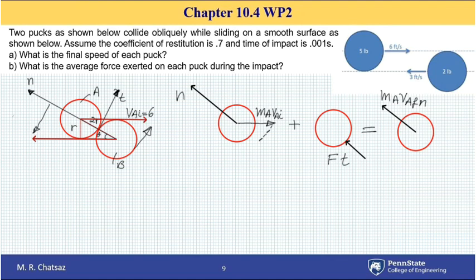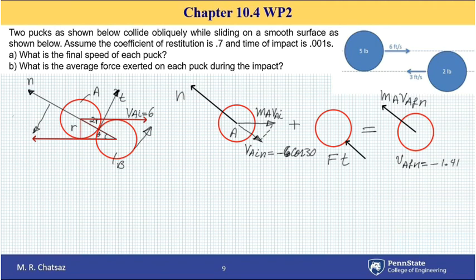Because I want to consider only the normal component, observe that initially this is the initial velocity of ball A. So this velocity VA initial normal component, recall, is minus 6 cosine of 30, and we found the final velocity of A in normal direction as minus 1.41.